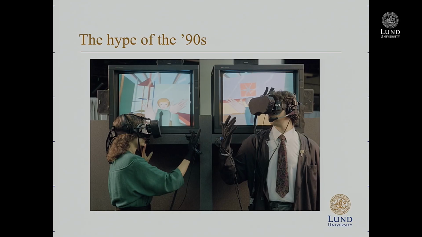Let's jump to the 90s. Some of you who are old enough may remember the super hype of virtual reality in the 90s. Virtual reality was promoted as a computer-generated world where everything would be just amazing. Some of you might even have seen the movie Lawnmower Man, where this concept was further enhanced by Hollywood.